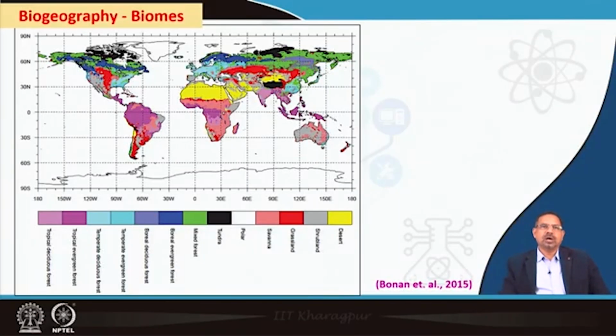This zoning system also corroborates with the vegetation distribution pattern. You have different forests; the natural vegetation follows a pattern that we call the biogeographical pattern on either direction of the equator, north to south.